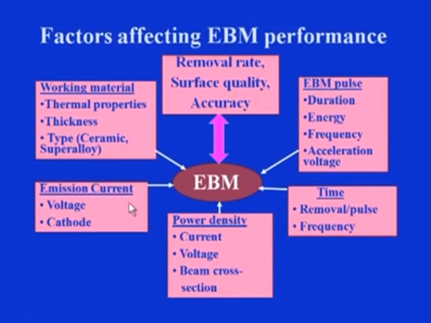another very important group of parameters are the electrical parameters, that is voltage and current, and again the type of cathode that we are using, because in this particular machining the performance of the system depends on the emission of the electron, and this emission of electron will be highly dependent on the cathode properties.